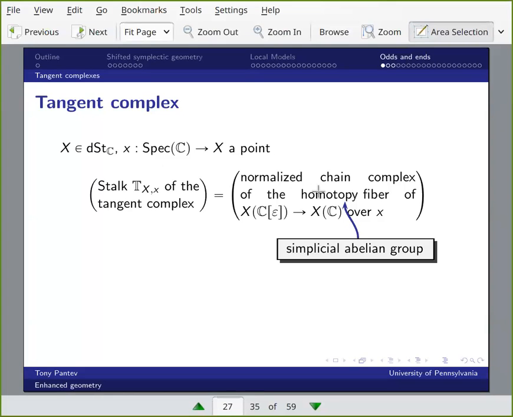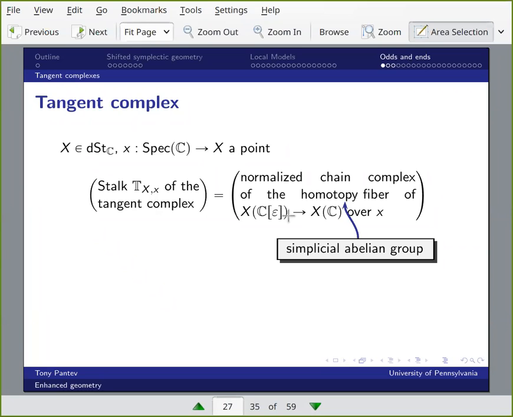And so you can look at the points of your derived stack over the field C, or over the algebra of the dual numbers. This is just the polynomial ring modulo the variable squared, and this is the thickened point. Now these are simplicial sets or topological spaces, and you have a map between them. The fiber of that map is again a simplicial set or topological space, the homotopy fiber.